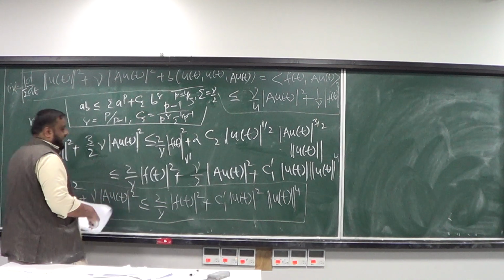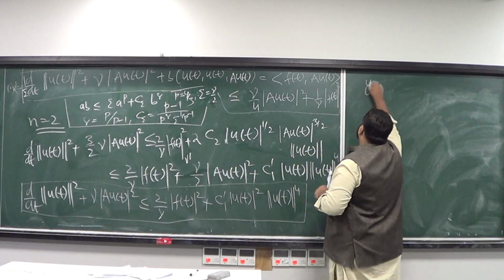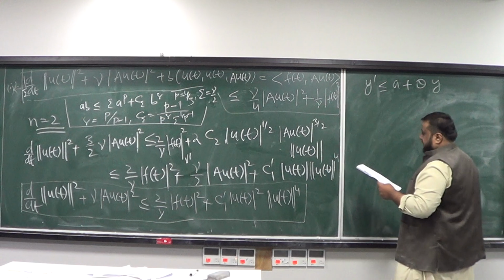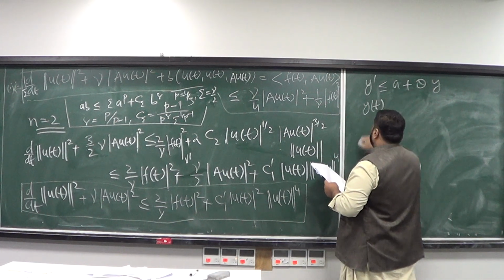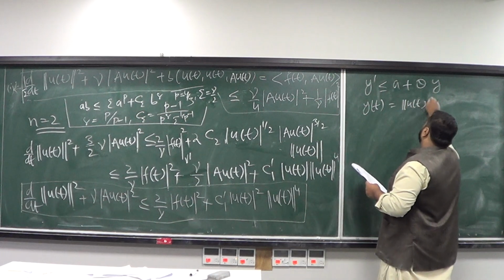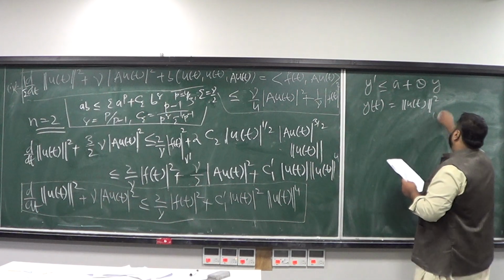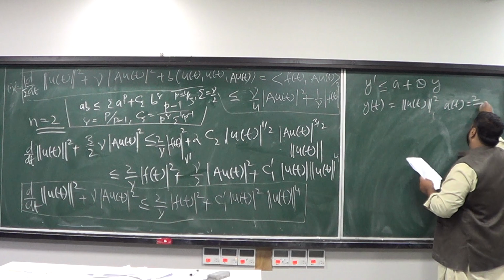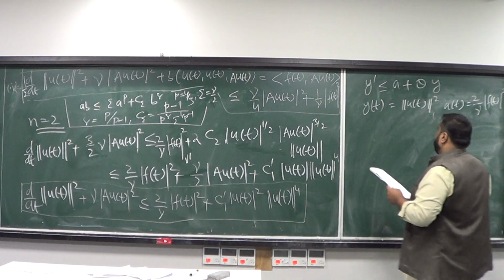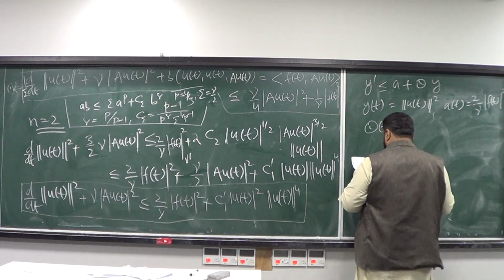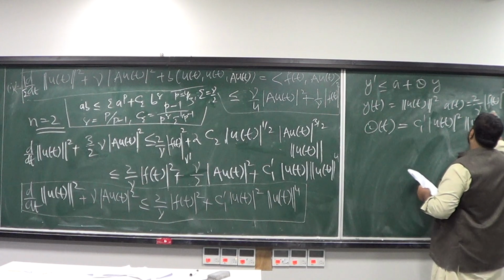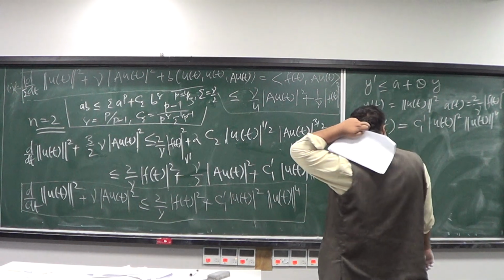Then I can put the remaining inequality in the form of a differential inequality: y prime less than or equal to a plus theta y, where y of t is the norm of u of t squared, a of t is 2 over nu times the norm of f of t squared, and theta of t is c1 prime times the norm of u of t squared and log of the norm of u of t to the power 4.